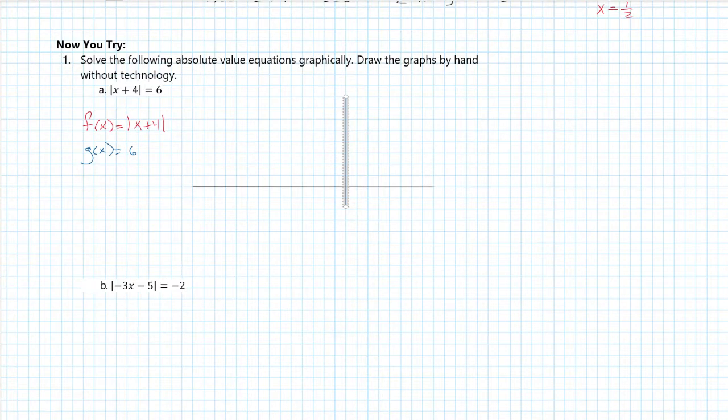So up to a height of 6, draw a horizontal line. Oh, hey, it turned that blue on me. I didn't think it was going to do that. Okay, cool. And I'll label that y equals 6. Let's label our axes, x and y. Everything by ones should be fine for this.